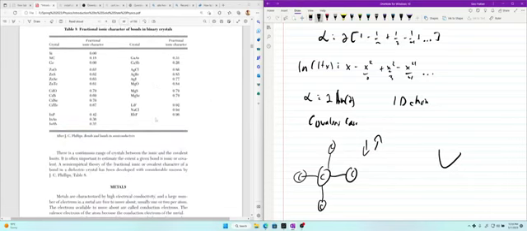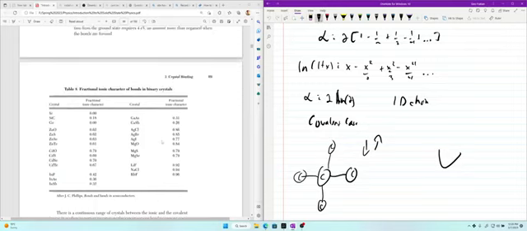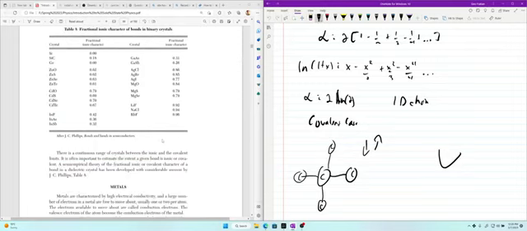So this is a continuous range of crystals between the ionic and covalent limits. It's often important to estimate the extent to which a given bond is ionic or covalent, so there is a semi-empirical theory of the fractional ionic character. Basically, fractional ionic means how much of the bonds are purely ionic versus covalent. And we see in silicon, it's purely covalent. Germanium, purely covalent.